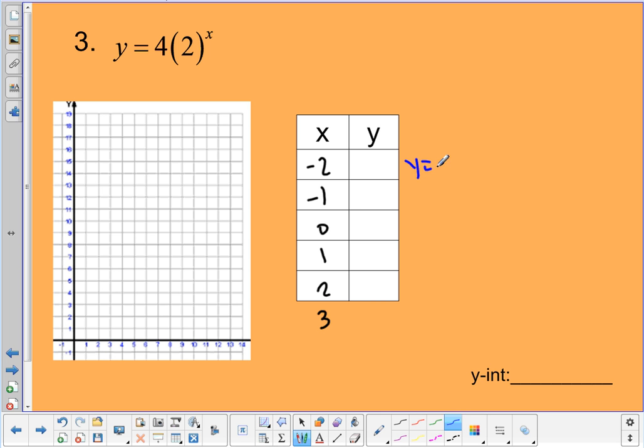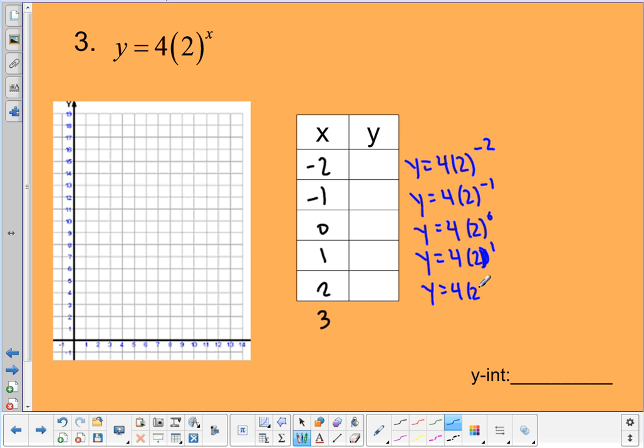So y is equal to 4 times 2 to the negative second power. y equals 4 times 2 to the negative first power. y equals 4 times 2 to the 0 power. y equals 4 times 2 to the first power. y equals 4 times 2 to the second. And y equals 4 times 2 to the third. So that's what all my equations look like.